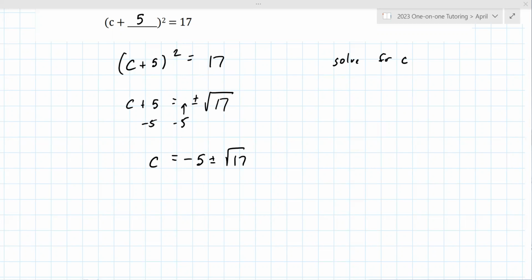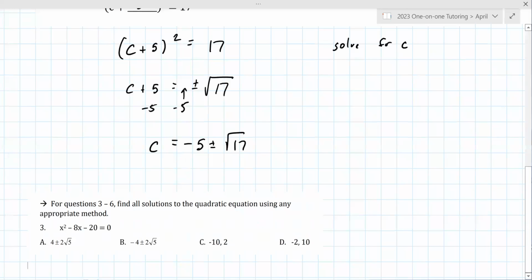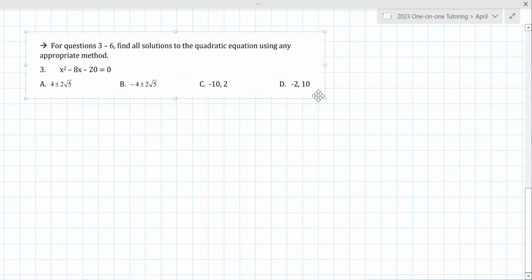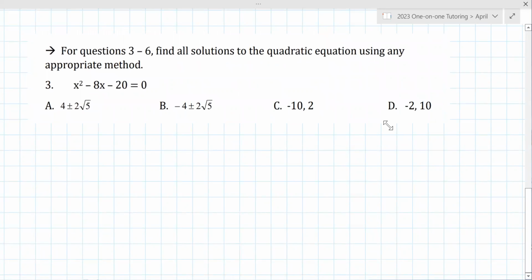All right, a true test of where you're at in your understanding is a problem like this one, because it says to solve the equation, find all the solutions, basically solve the equation using any appropriate method. Basically we're not going to tell you how to do it.